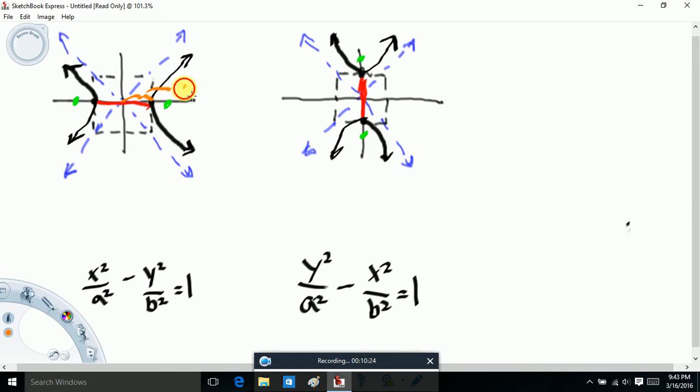That's A. Okay. B is the distance given here. Okay, that's B. The distance right here. Half of the central rectangle in the vertical direction. And C is the distance from the origin to the focus. Okay, so this is C.